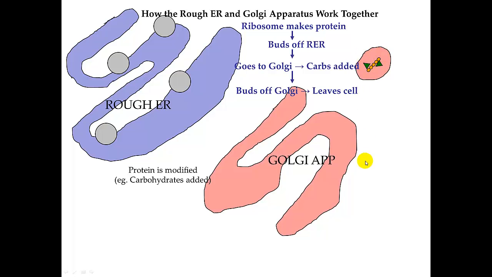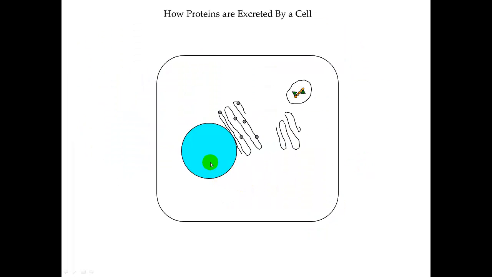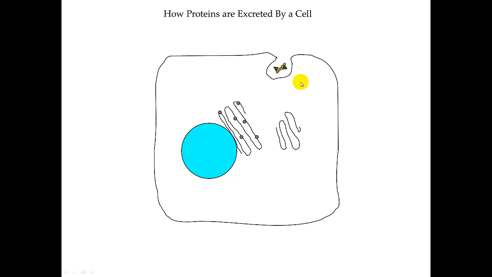So what if we redraw all of this? So here's the nucleus of the cell, here's the rough endoplasmic reticulum, here's its Golgi apparatus, and here is the vesicle that it just produced. In order for this entire cell then to secrete the protein that's inside of that vesicle, what has to happen is that the vesicle fuses together with the outer membrane of the cell, kind of like that.